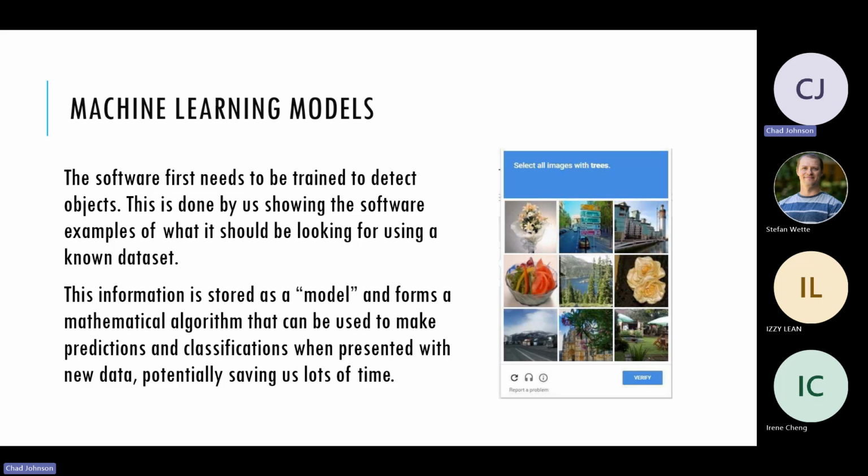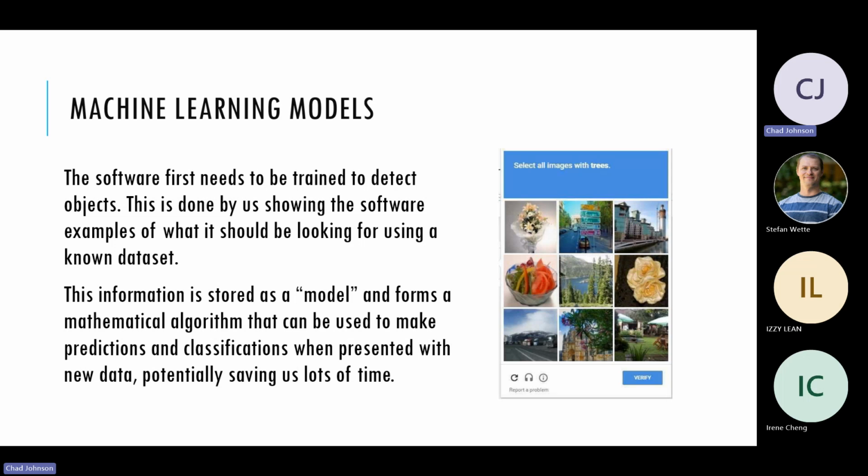So the information is stored as a mathematical model and forms an algorithm that can be used to make predictions and classifications. After multiple rounds of this with human input, you then give the model an image that it's never seen before, the hope is that based on the input from the humans, it can then pick and choose what is and isn't a tree.